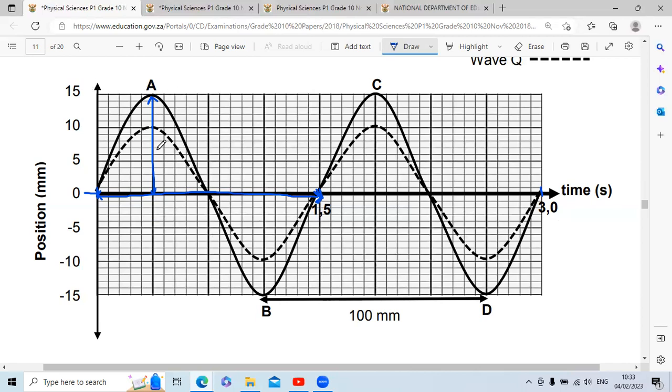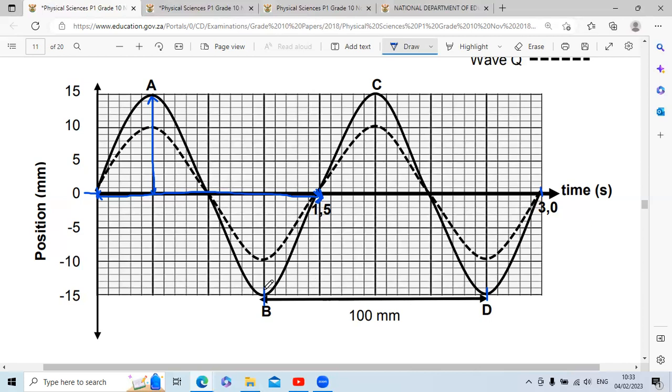This is our amplitude. And from here, if you are able to identify a wave from here to here, it's gonna be one wave.